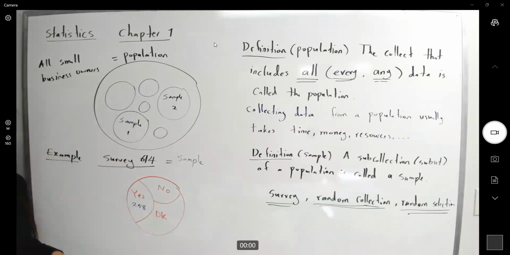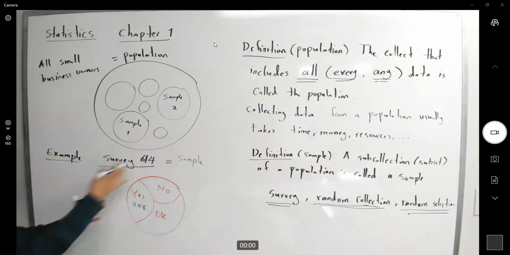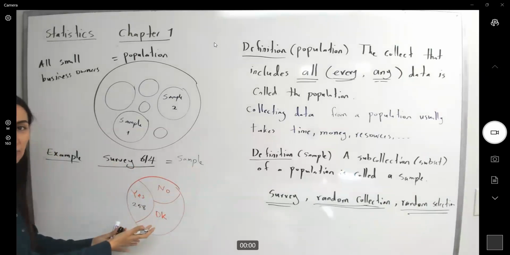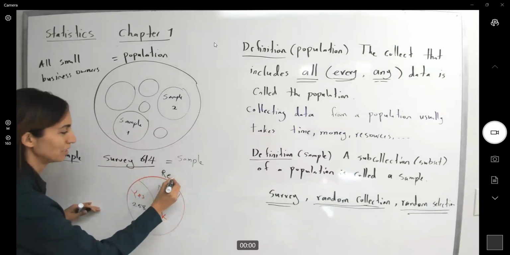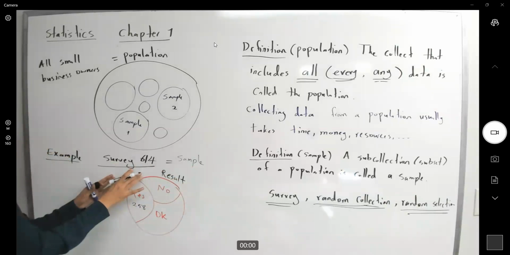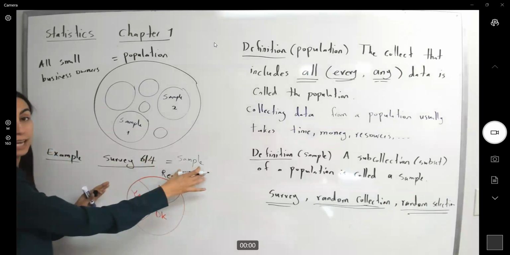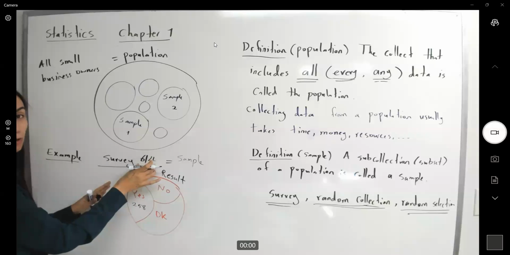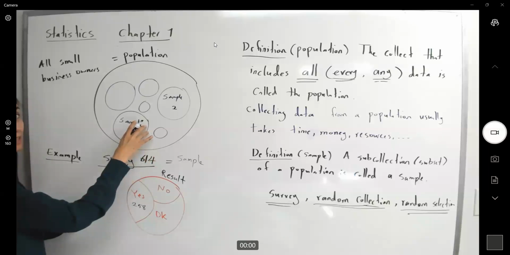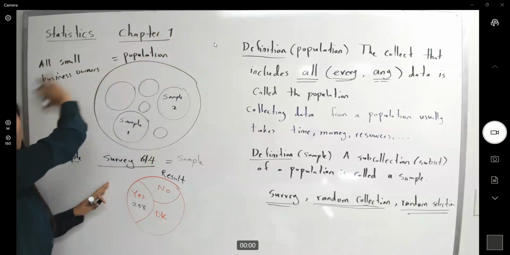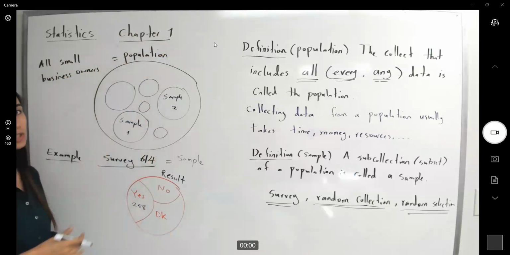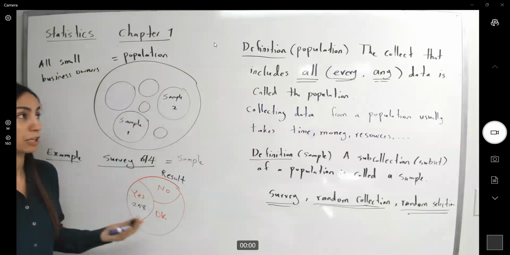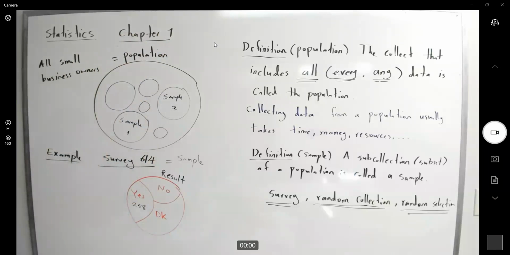The rest, some said no, some said they don't know, that's fine. But this is our sample result, the result of the survey. The sample is 614 small business owners out of all of them. How many? I have no idea. What's the population size? I don't know. They didn't know. Why should I know?